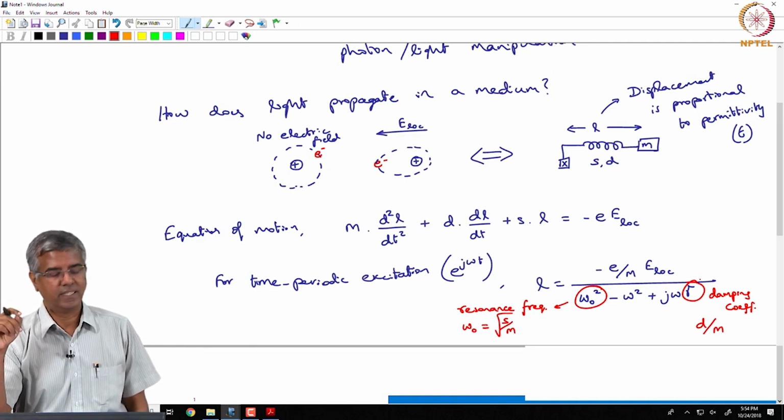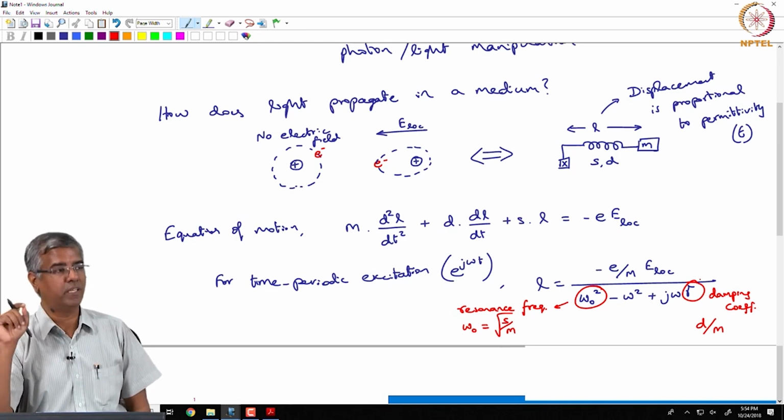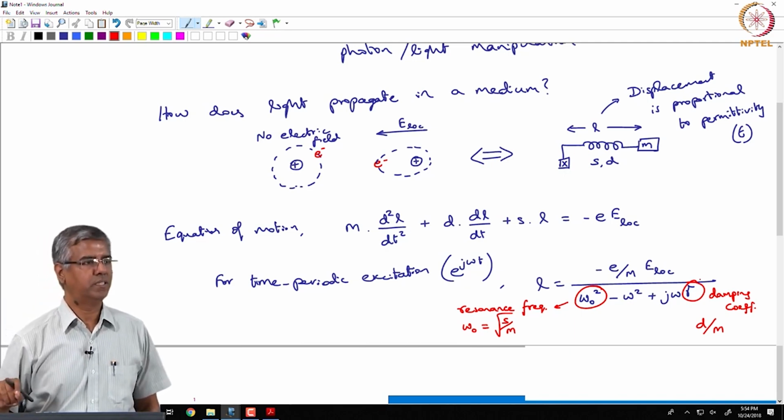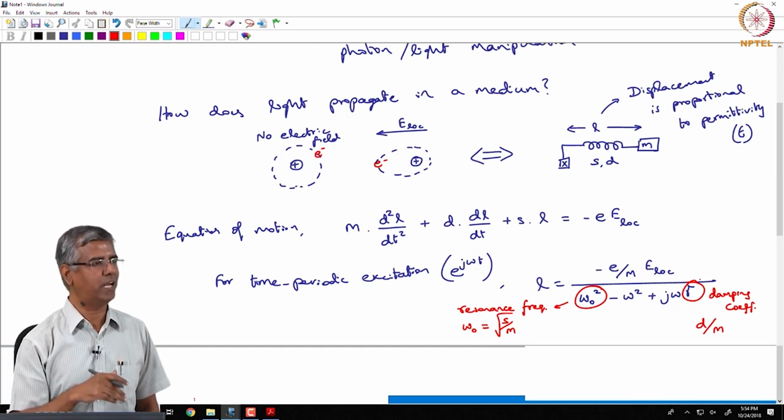Does that characterize the material completely? No, it does not. We are saying those values at a particular frequency. This picture tells you that all these numbers are a function of frequency. If you go to a different frequency, that value will be different.